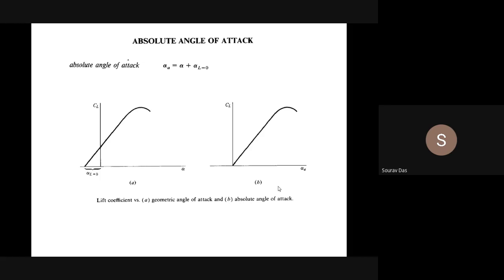Yes, sir. y equals mx plus c, right? And as this is a straight line, with absolute angle of attack it passes through the origin, so c is 0, so y equals mx. So the equation will be CL equals slope into alpha.